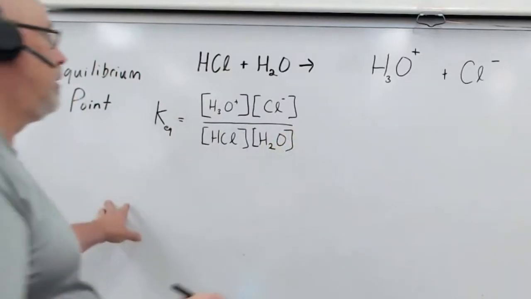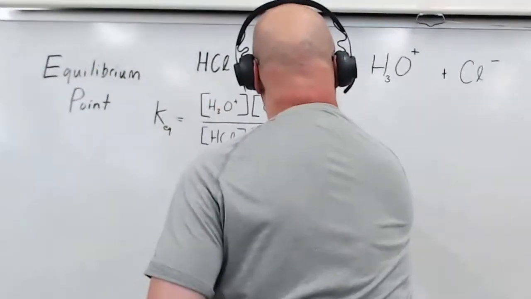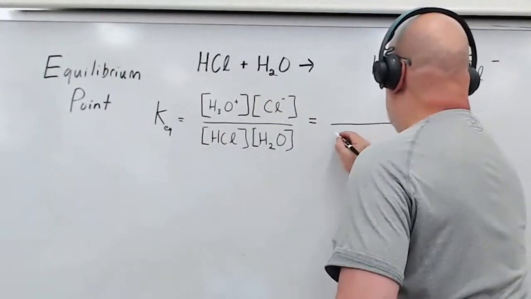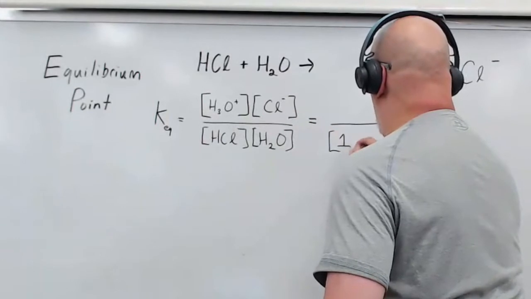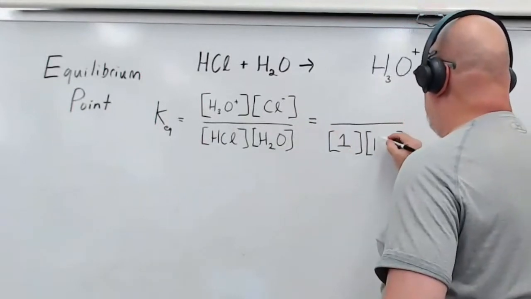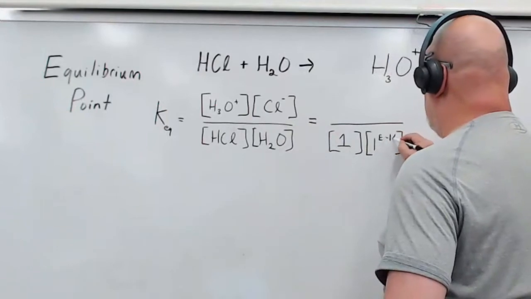Now again, when we're talking about the concentration of the reactants, the strong acid is always just 1, and the concentration of water is that acid dissociation constant.